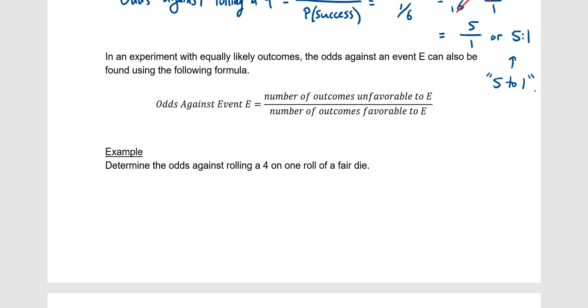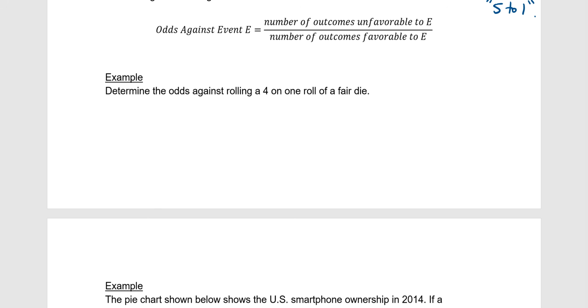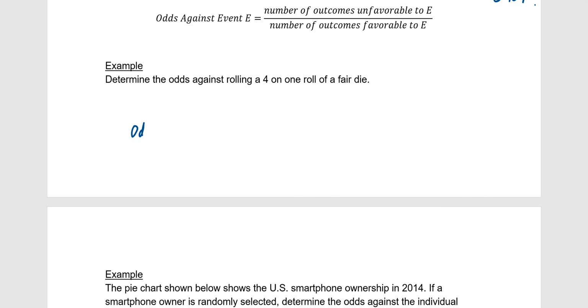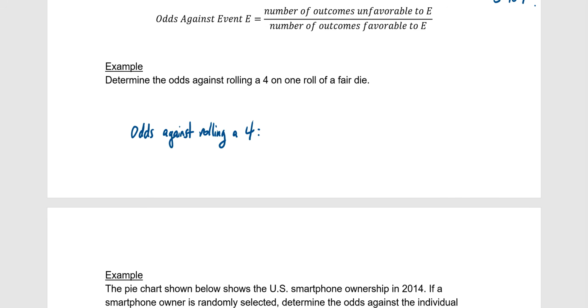The odds against event E with equally likely outcomes are the number of outcomes unfavorable to E divided by the number of outcomes favorable to E. If we were doing the same exact problem, the odds against rolling a 4 equal the number of outcomes unfavorable to E, which is 5 outcomes unfavorable to rolling a 4, every other number except a 4, divided by 1 outcome favorable to rolling a 4, which is just rolling a 4.